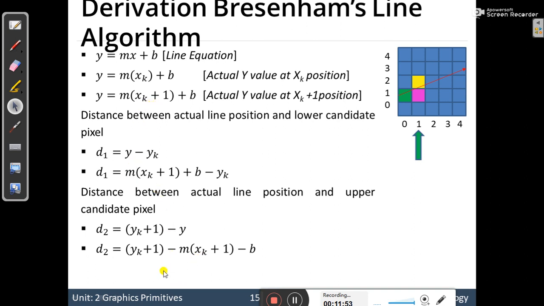So d2 is yk plus 1 minus y, because the candidate is upper and the line is going lower. In d1 it is y minus yk, because the line is upper relative to that pixel.